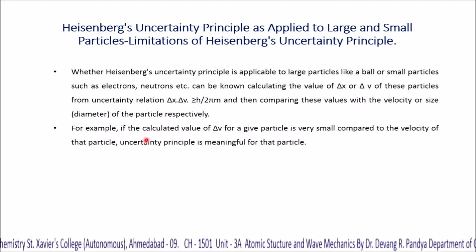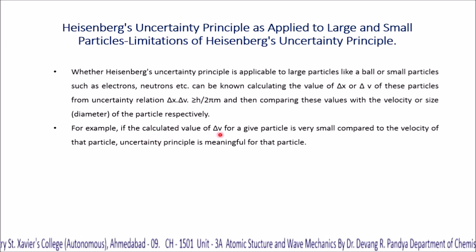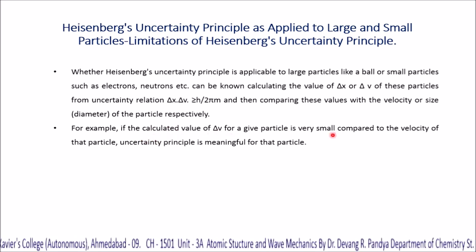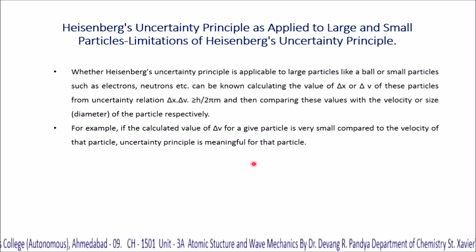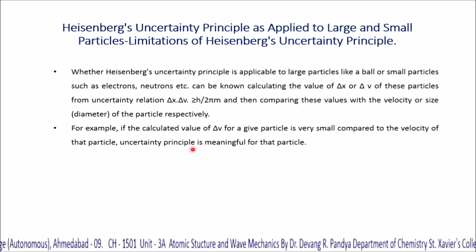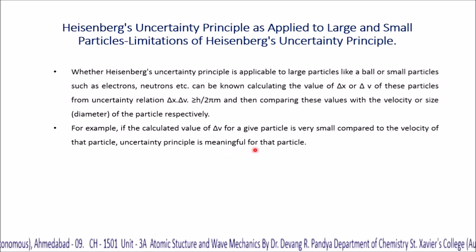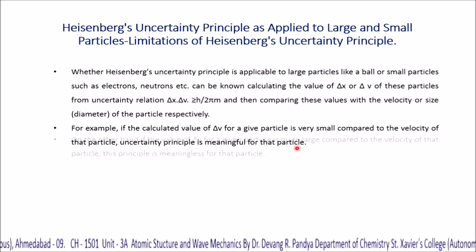For example, if the calculated value of delta v for a given particle is very small compared to the velocity of that particle, the uncertainty principle is meaningful for that particle.